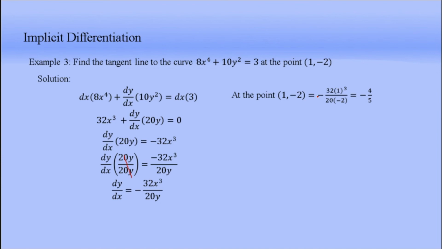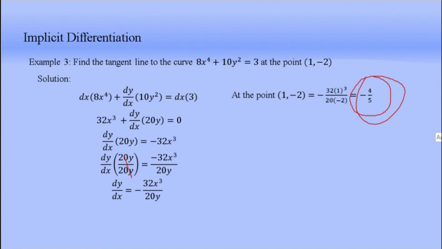And so it will be negative 32 times 1 cubed over 20 times negative 2, which is negative 45. Yes, negative 45. That's it for implicit differentiation.